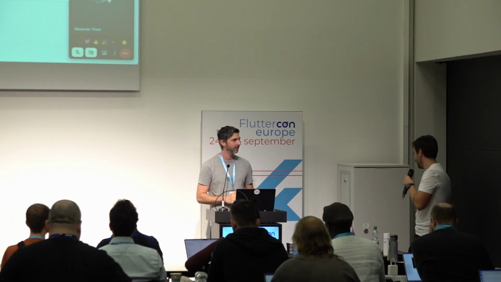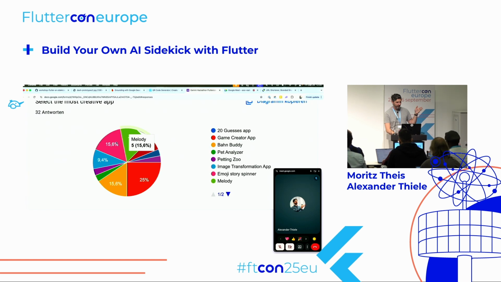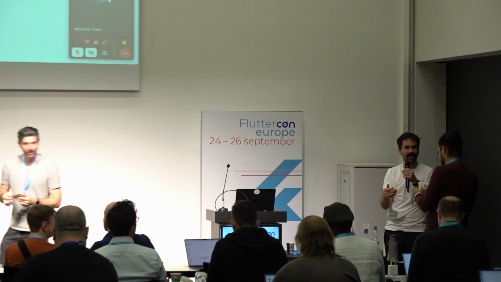Then I think the second winners. We have three second places. So maybe Melody, Emoji Story Spinner, and Barn Buddy can come here. They will all get pins, Flutter and Google pins. So we have three people in second place.